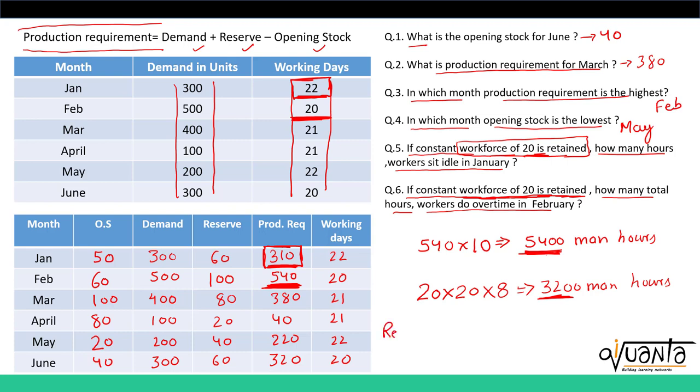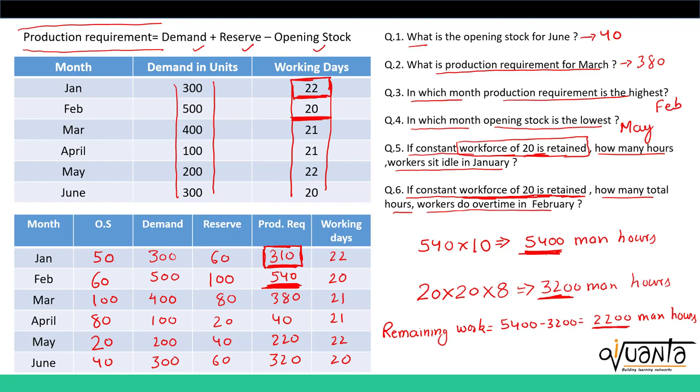So that means the remaining work would be 5400 minus 3200, which gives us 2200 man hours or units we can say. So 2200 man hours of work has to be done, and we have a constant workforce of 20.